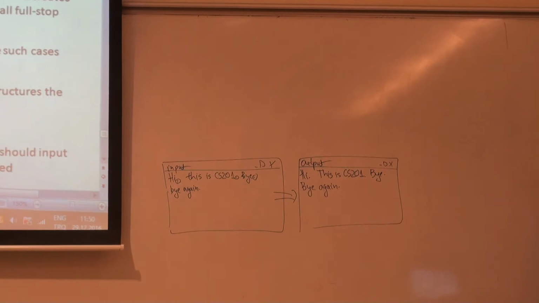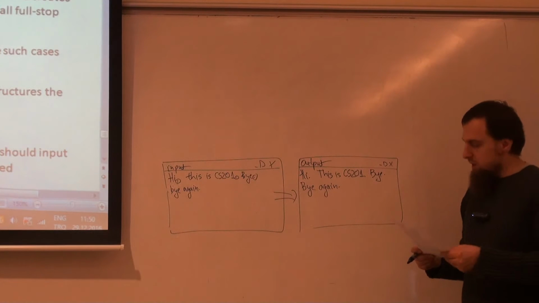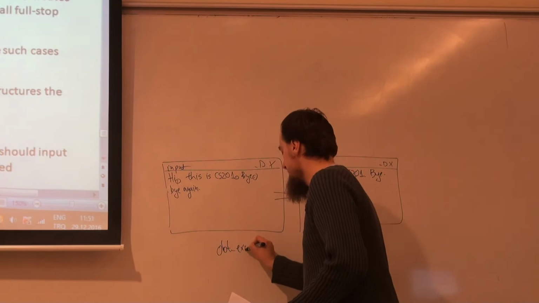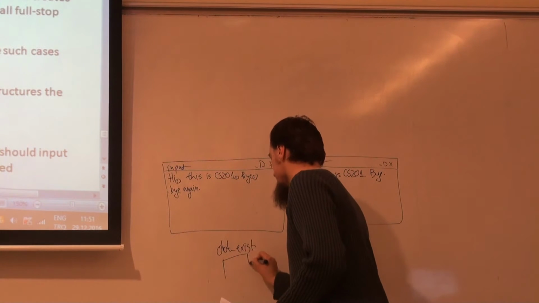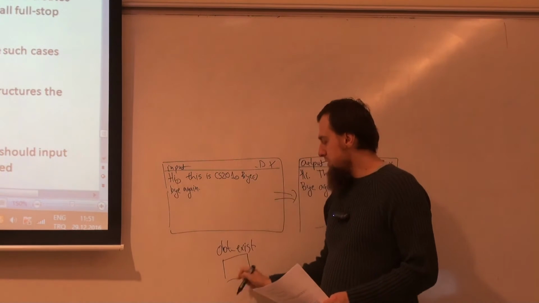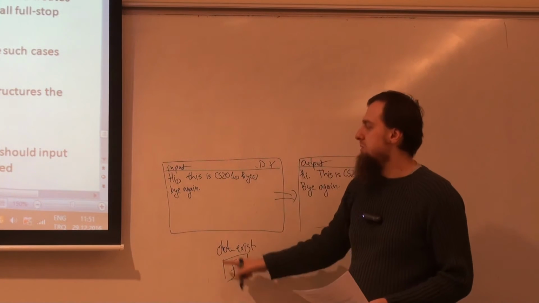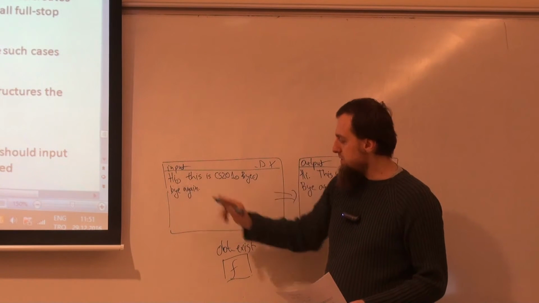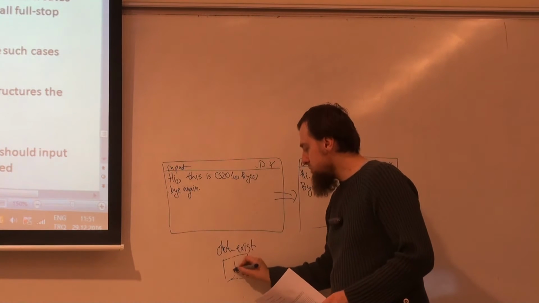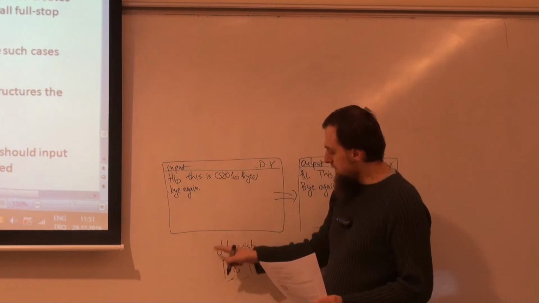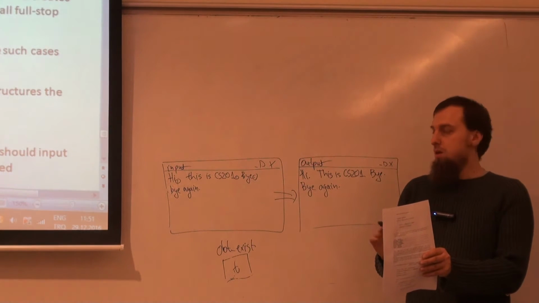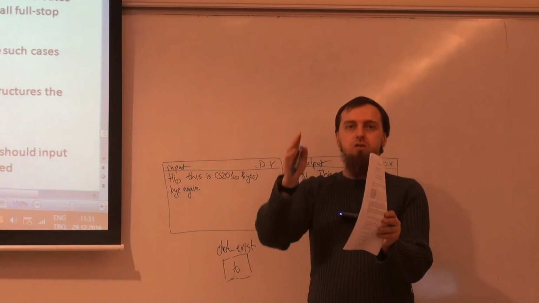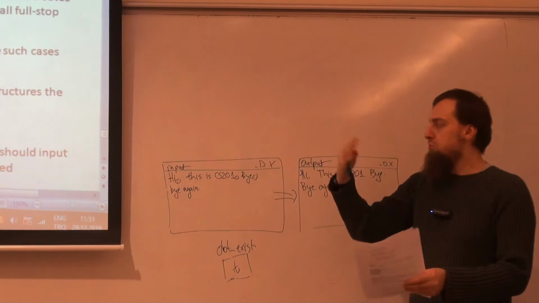So how are we going to do that? Well, I'm going to define a Boolean variable, dot exists. Initially it's false. So this is not dot, i is not dot. When I take the dot, I make it true. And this means that if a dot exists, the next character, which is not an empty space or a tab or whatever, should be an uppercase.